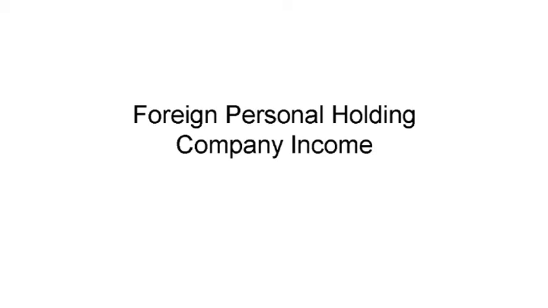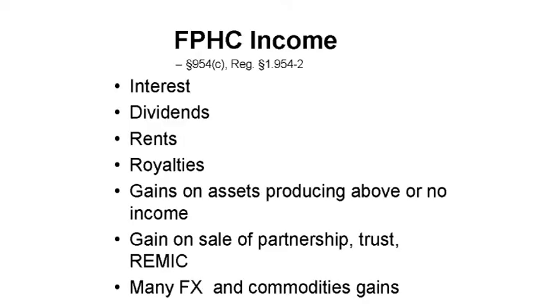We talked about FPHC, or Foreign Personal Holding Company, income before in the coverage of the passive basket rules. Those passive basket definitions are in Subpart F. We'll cover them in depth now.